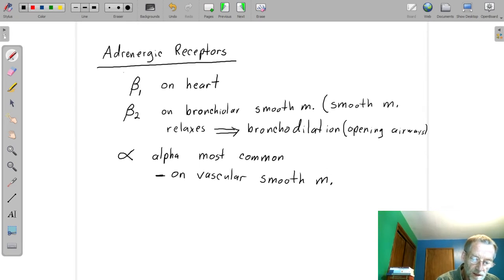All of these will bind norepinephrine and epinephrine. So all will bind NE, norepinephrine, and E for epinephrine.